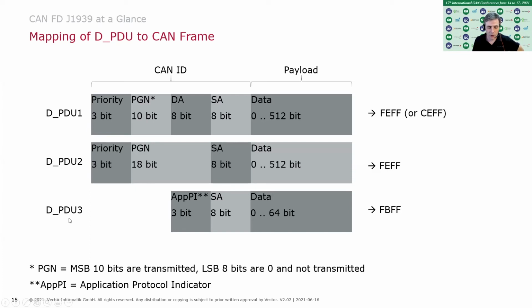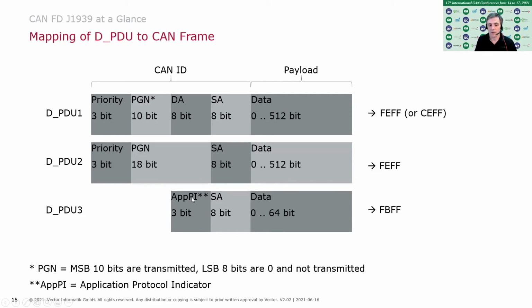And then data link PDU3 is different from what you are used to. If you look at the classic J1939, it does not provide any priority bit. Instead of the priority bit, it now uses an application protocol identifier.